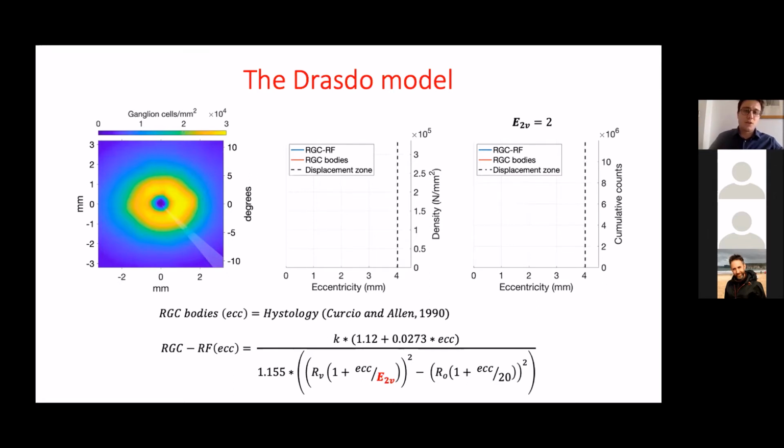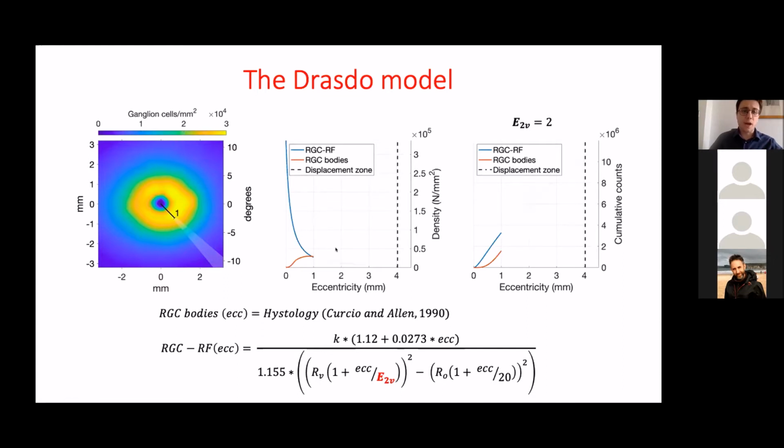With this assumption in mind, we can now plot, for a given sector of the retina that here is highlighted in white, the ganglion cell body density and the ganglion cell receptive field density as we move away from the fovea towards the periphery. This is the first plot that you see here. In the middle panel you can see the plots of density, and in the rightmost panel, you can see the cumulative count derived from this density plot.